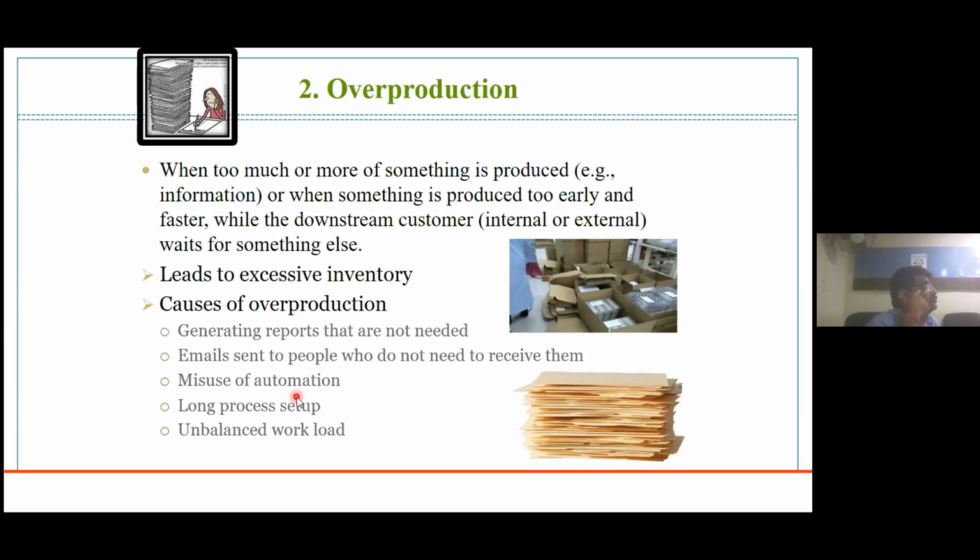Instead of doing the same activity in different machines, we can do it in a common machine. We can club the two processes in the same area, on the same machine, so one automation can be saved. That is called misuse of automation.